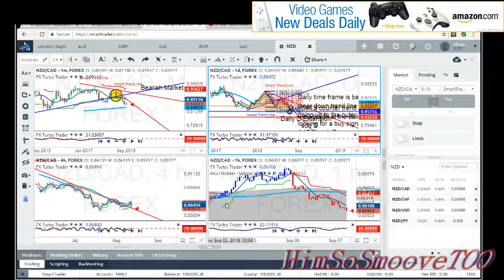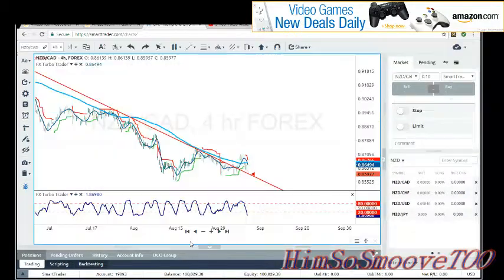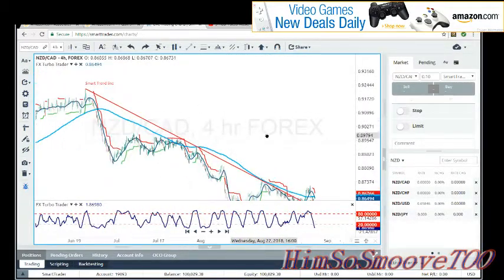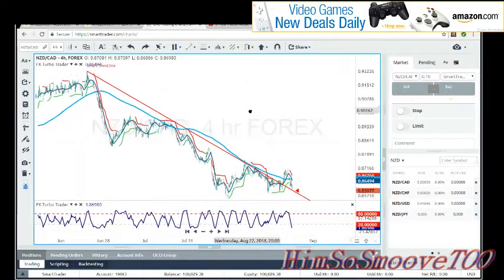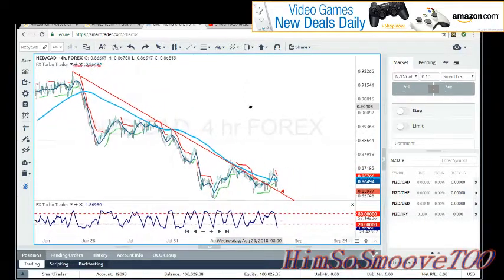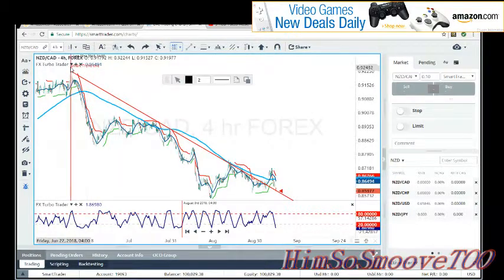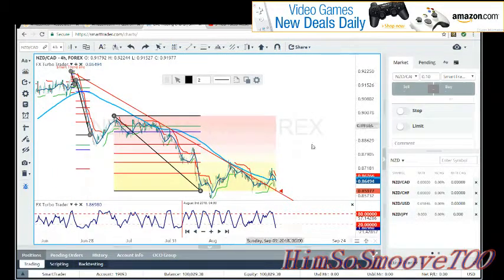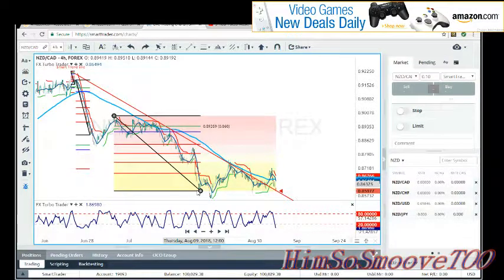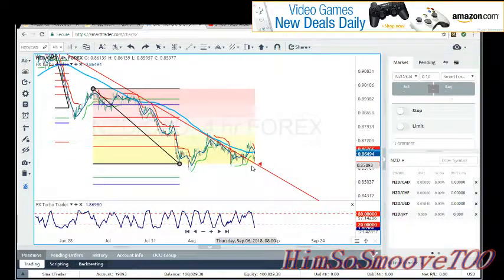Okay, back to the 4-hour. All right, we have a trend line break. Spread Fibonacci's here. The smart fibs. We still have this overall A to B down Fibonacci swing. But we did have a trend line break.